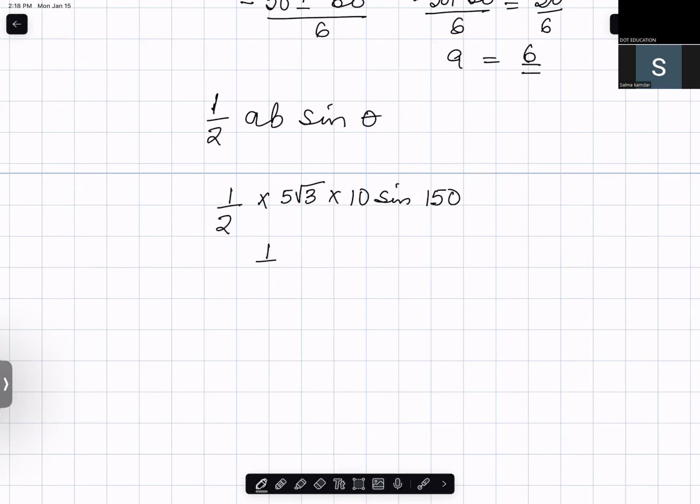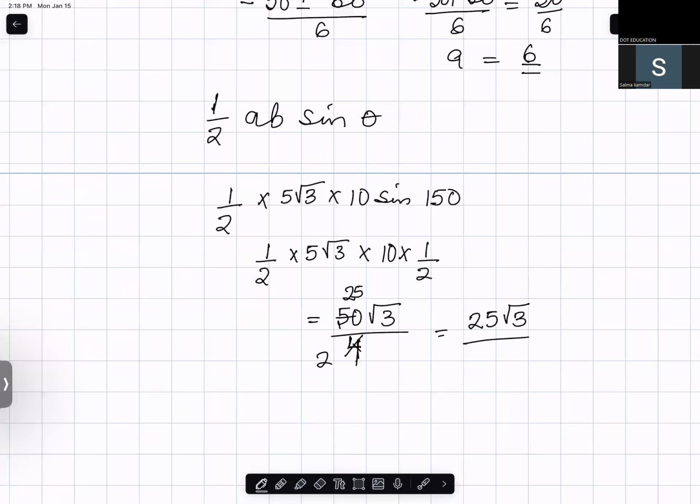So we have 1 over 2 multiplied by 5 root 3 multiplied by 10 sine 150. We have 5 root 3 times 10, which will give us 50 root 3 divided by 4. That's 2 times 2 is 4. So dividing, I have 25. So the area of that triangle is 25 root 3 divided by 2 cm squared.